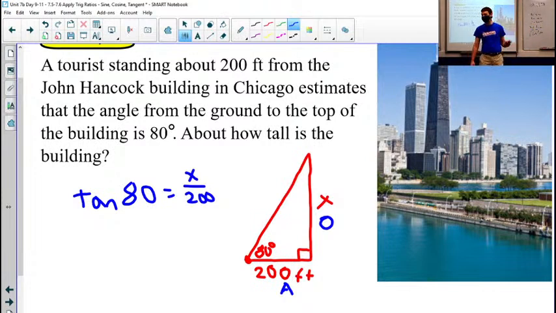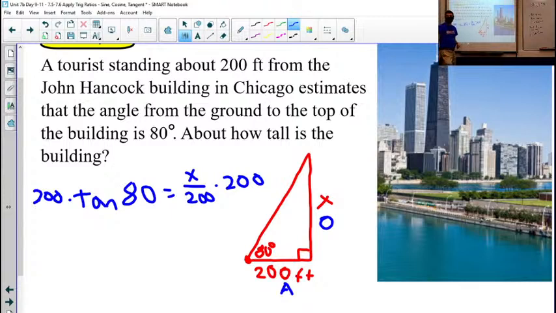We want to multiply to get rid of our fraction. Multiply by whatever's on the bottom. And that means the 200s here cancel, and we just have x on this side. Oh, x is already by itself. So we have now solved for x.